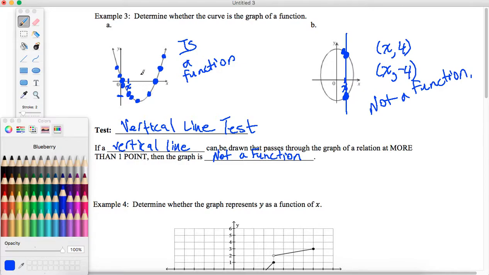On the other hand, if you cannot find a vertical line that touches at more than one point, then you know that that graph is a function. No matter how many vertical lines I try to draw here, that vertical line is going to hit this function at one and only one point for every x value I can think of. And so that's why this is a function.